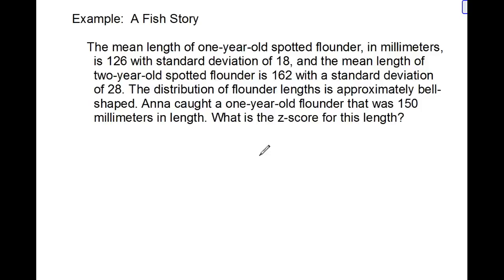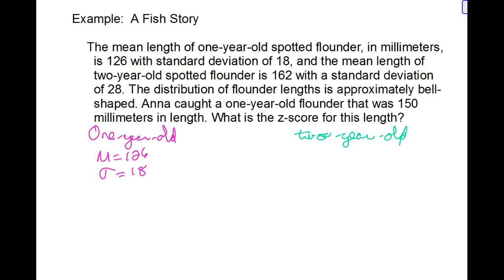So we're given quite a bit of information here. First of all, we have the 1-year-old that has a mean length of 126 and a standard deviation of 18. We're also given the information of the 2-year-old that has a mean length of 162 and a standard deviation of 28.